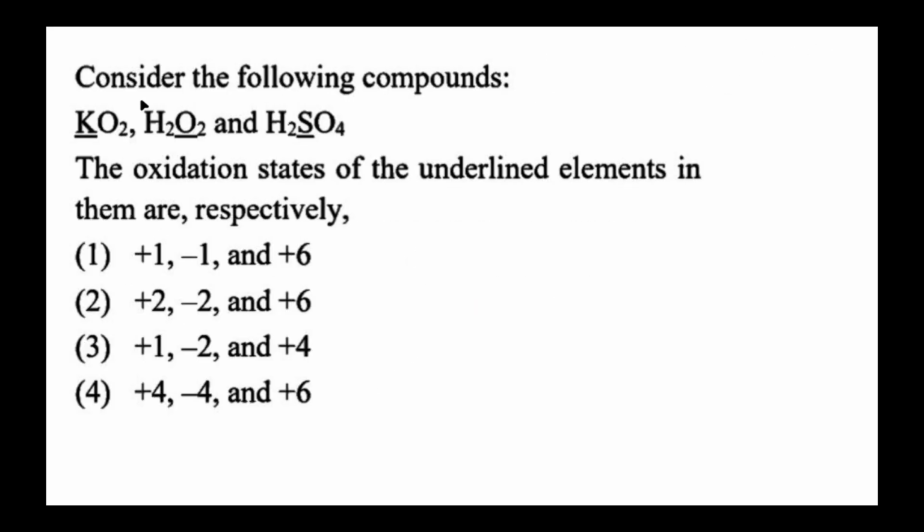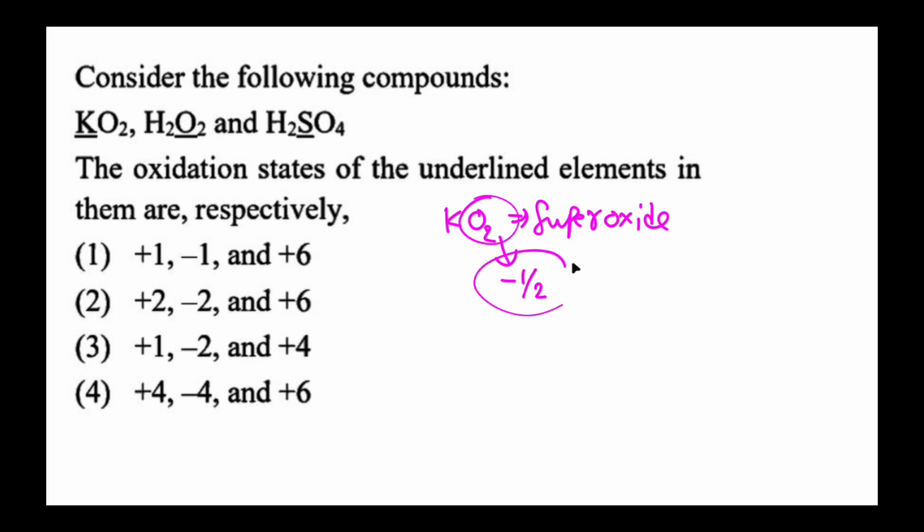The next question is: consider the following compounds KO2, H2O2 and H2SO4. The oxidation states of the underlined elements in them are, respectively. The first one, KO2, is potassium superoxide. In superoxides, oxygen shows a -1/2 oxidation state, that is -0.5.